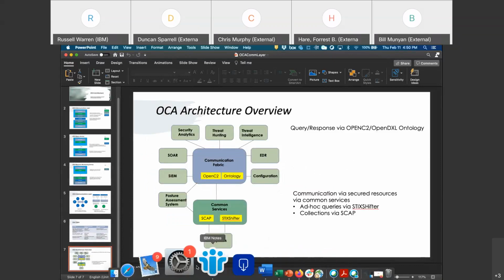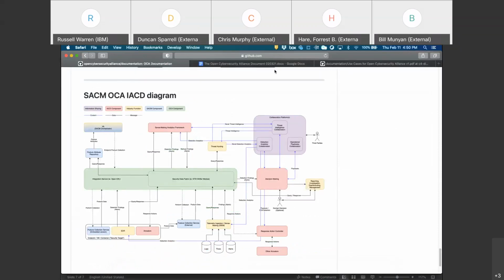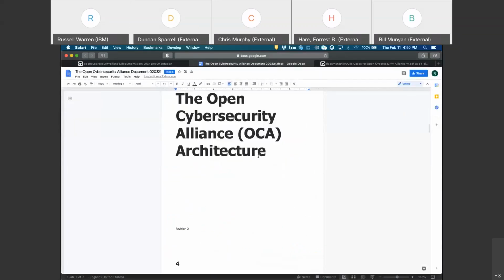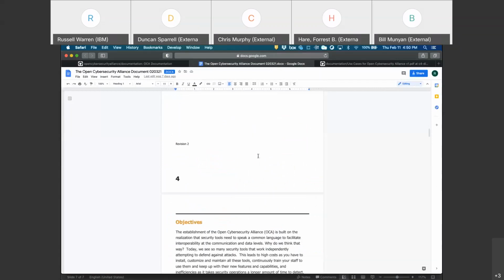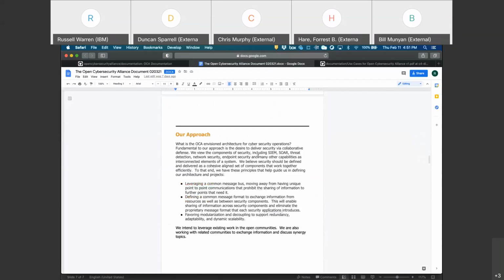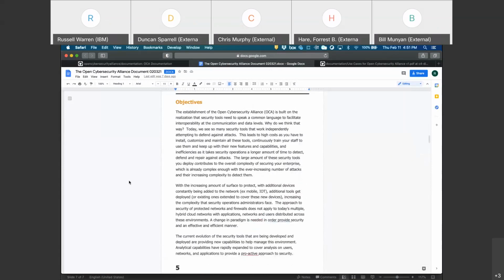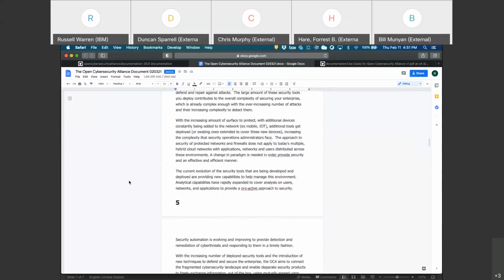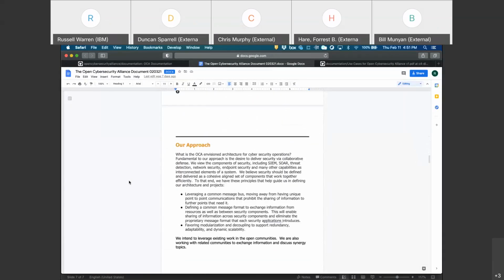The other thing was we do have the paper. I don't know if you guys have seen, we got revision 2 out there. Has anybody taken a look at it? I know I've got some comments back, but I did put a revision 2 out there. What I did here, if Forrest, you're still on, I did fix the objectives a little bit more robustly, and I put what's called our approach, because a lot of comments I got, at the beginning anyway, were more about what are we trying to get done from an OCA point of view? What are our goals? And what are the fundamentals that we have in our mind?